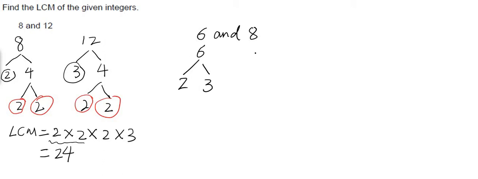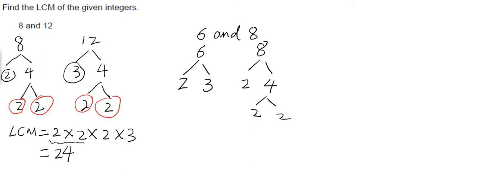How about 8? 8 can be factored as 2 times 4. And 4 also can be factored as 2 times 2. We keep factoring until we find the prime numbers.